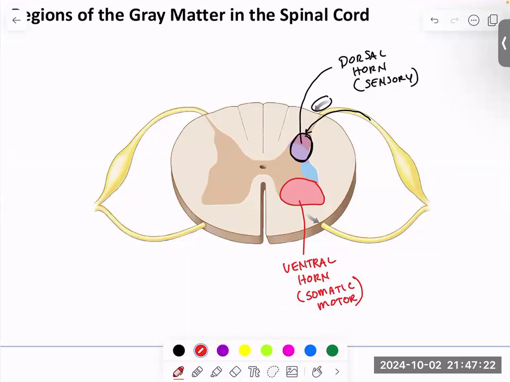Because the lateral horn, that one is motor as well. This one is visceral motor. Visceral motor means things you do not consciously think about. Involuntary motor responses.